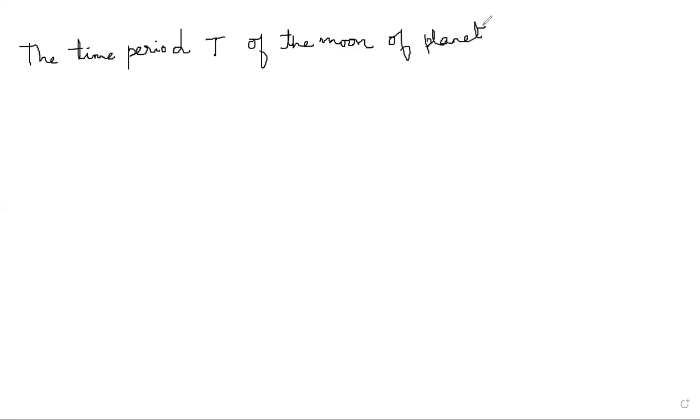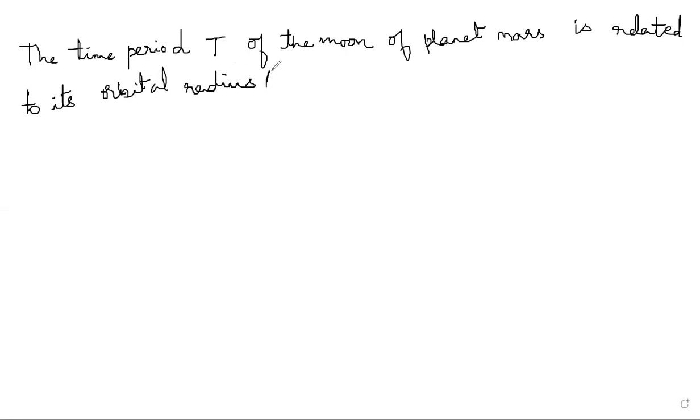The next problem given is: the time period T of the moon of planet Mars is related to its orbital radius R as.